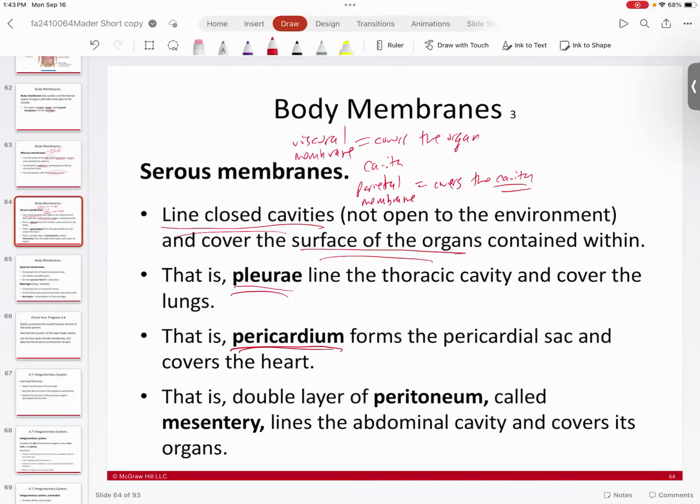The parietal peritoneum will cover the inside of the abdominal cavity. And then you'll have a bit of a gap of space, a cavity, if you will, the opening area, which in the abdominal cavity is a large open area. There's a lot of stuff in that open area. And then resting on top of the digestive organs will be the visceral peritoneum.